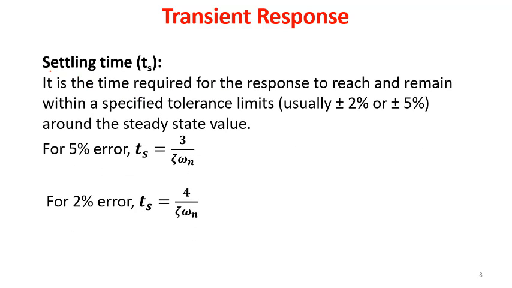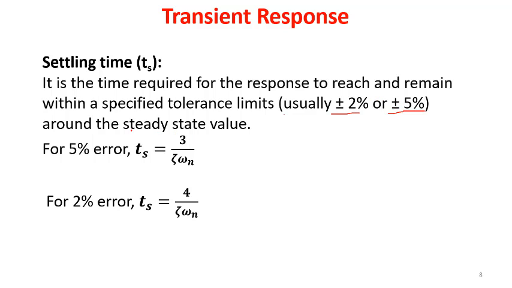Next is the settling time. It is denoted by the letter TS. The settling time is the time required for the response to reach and remain within a specified tolerance limit. Usually the tolerance limit accepted by designers is plus or minus 2% of the output band.